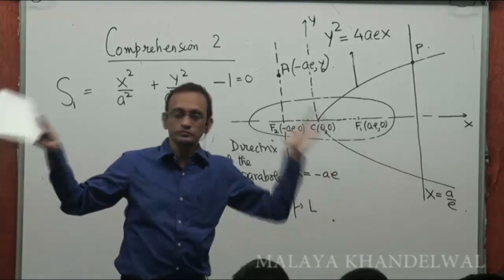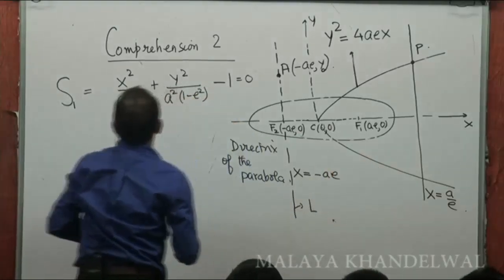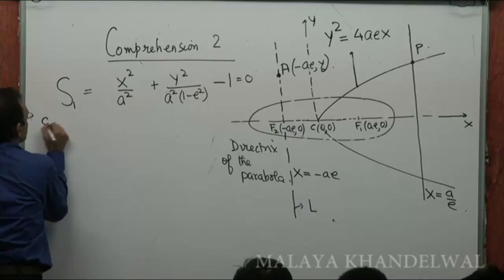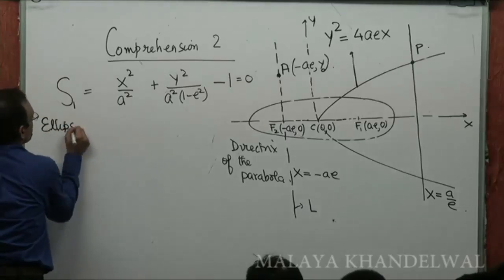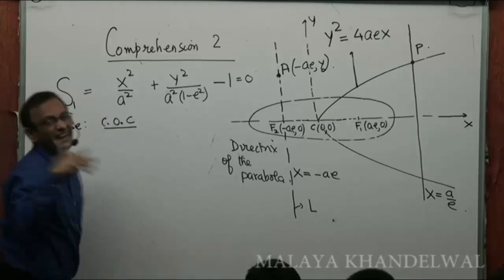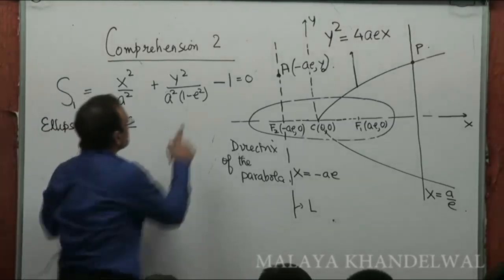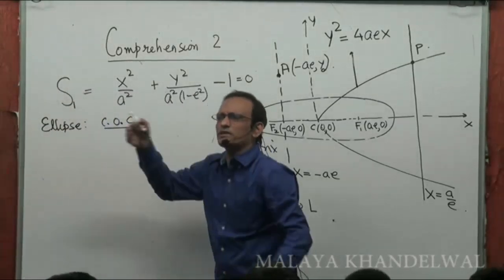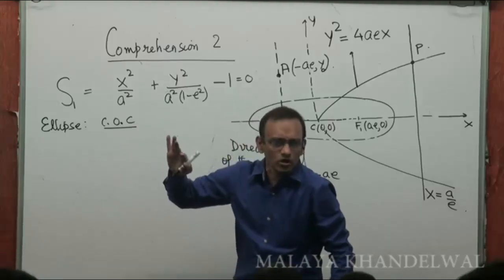Yes or no? Now, the chord of contact for the ellipse: T equal to 0. For this ellipse, x(x1) by a squared plus y(y1) by b squared minus 1 equal to 0. Right?